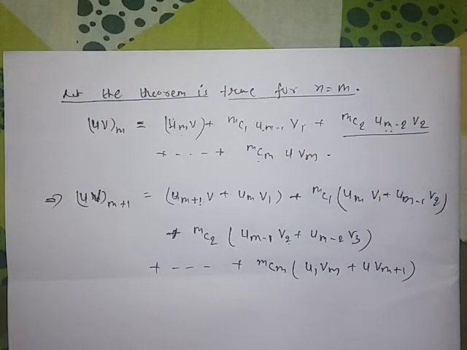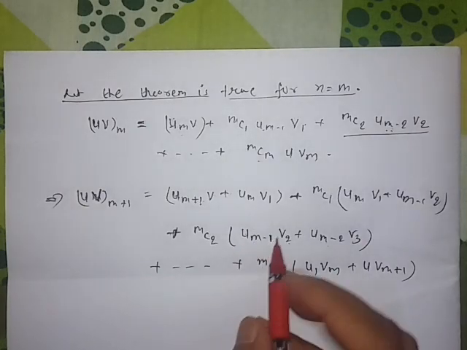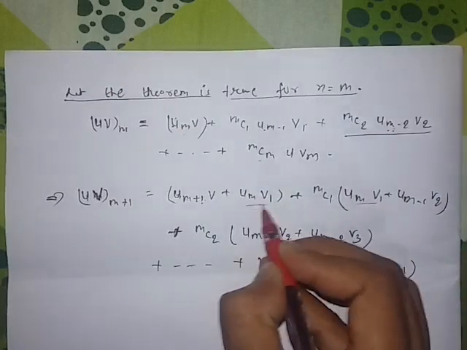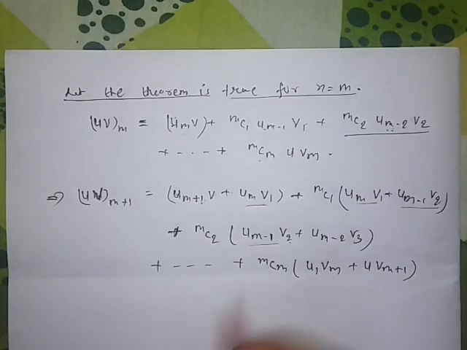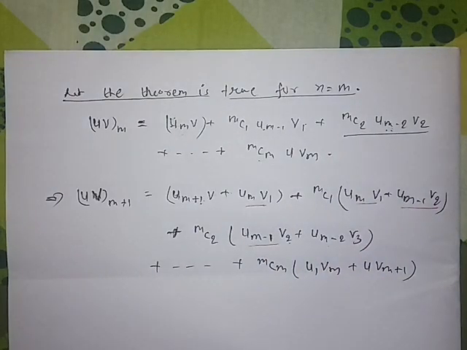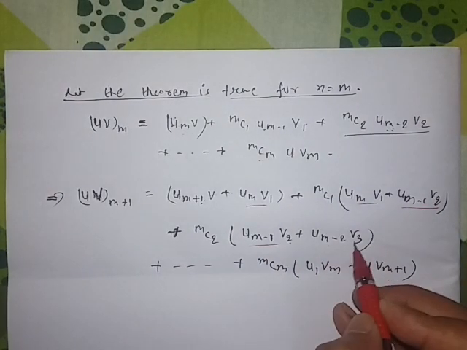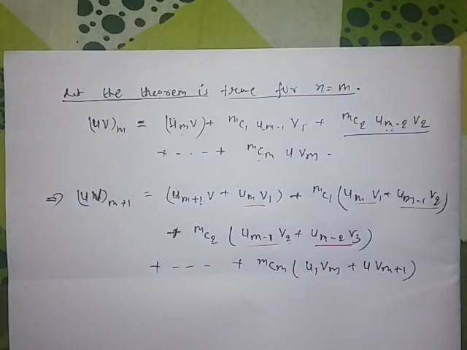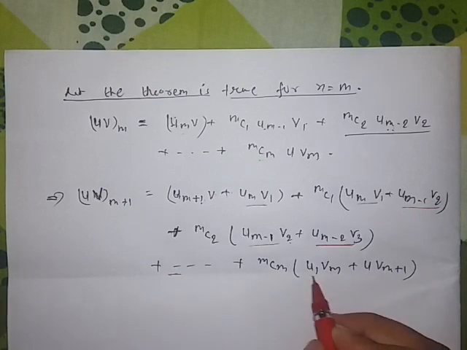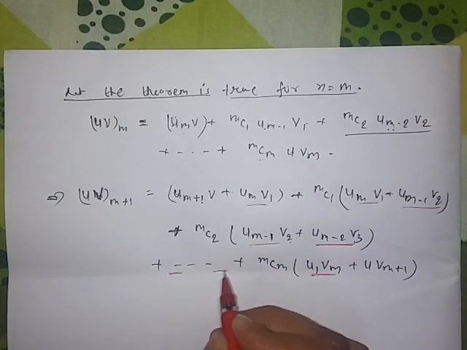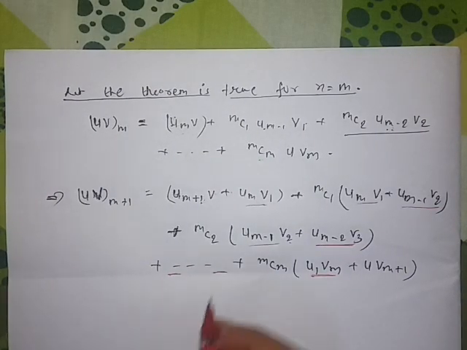vm plus 1. Now we will observe from here that these two terms are equal. Similarly, these two terms are equal. So by hypothesis, this term will be equal to the other term, and also this term will be equal to the other term here.